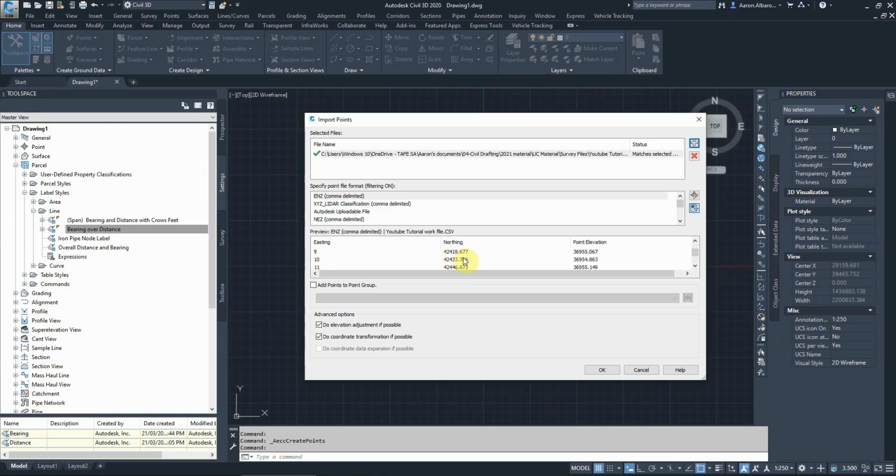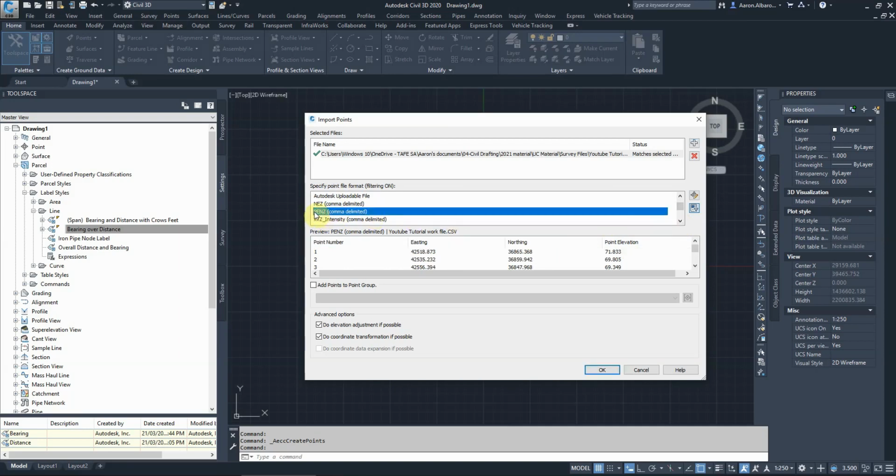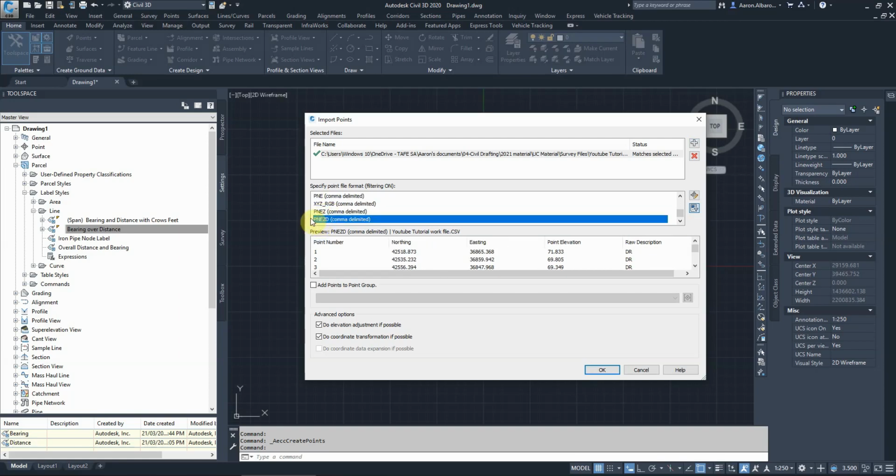You can see here we've got too many components. This is the wrong description, that's why it's showing wrong values, because I haven't chosen the type of the value. You remember when I told you about PENZ, the point, and in fact I need PNZD: the point, northing, easting, height, which is elevation, and description.